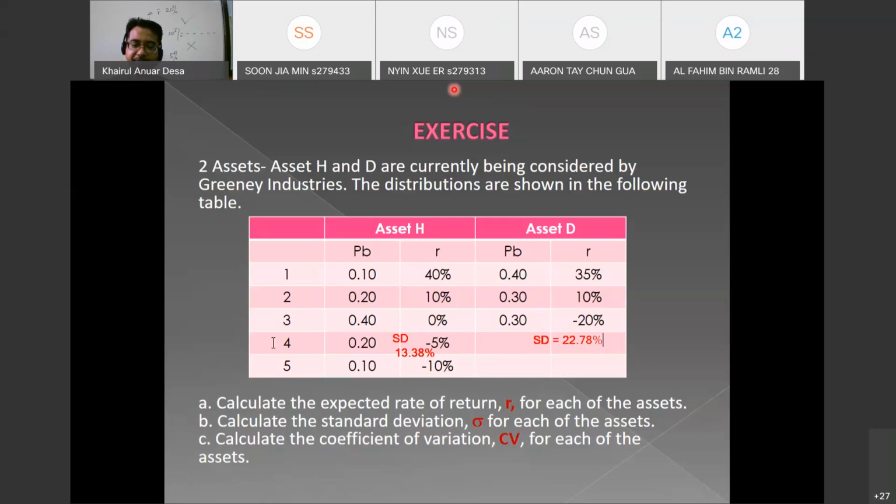Alright. Okay, kita balik ke Ikhwan. Ada Ikhwan sini? Okay, Wan. Tolong Wan. Covariant untuk H dan D.